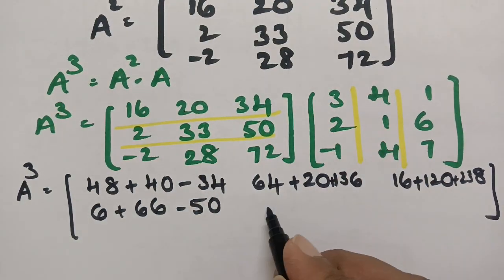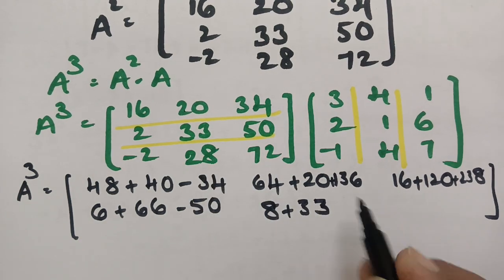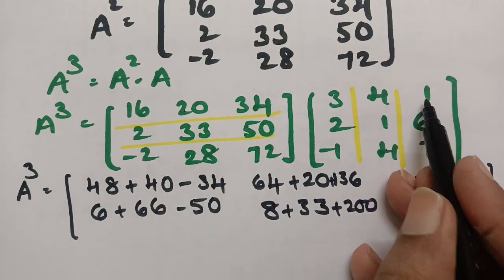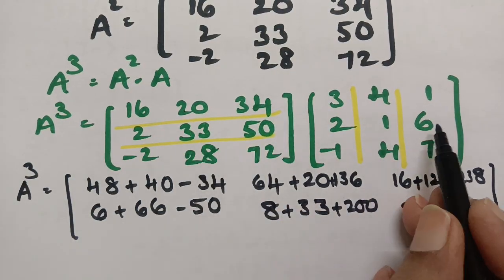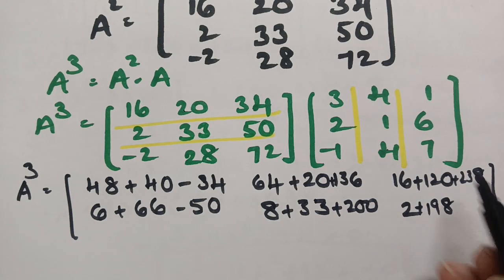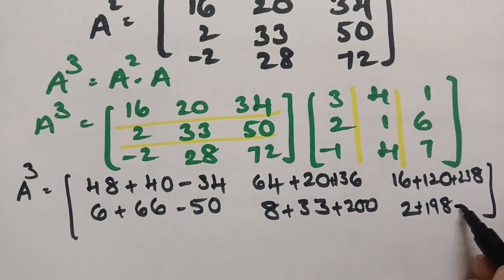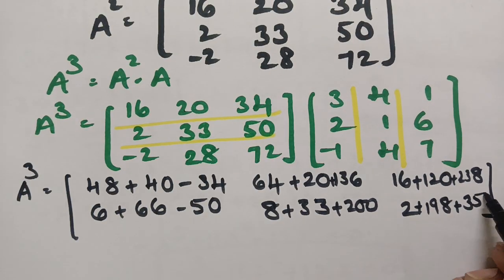See here, if I multiply, this is 8, 33 into 1 is 33, and the next one here, this value is 200. Clear? This is 2 into 1 is 2, 33 into 6, 6 3s are 18, 1, 18 plus 1, 19, 198. Clear? So 50 into 7, the value here is, this value is 350.